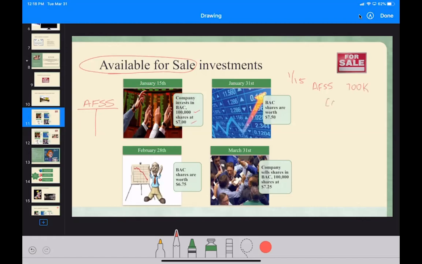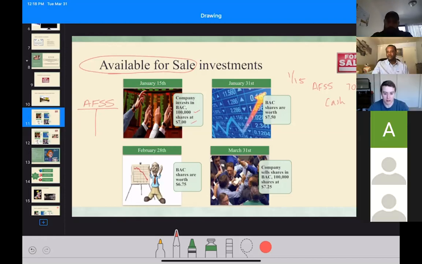And then we credit cash, every time we make an investment, credit cash, 700,000.